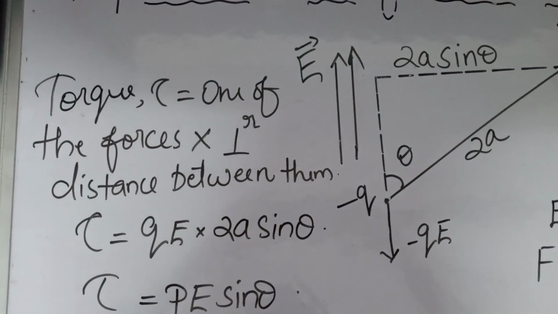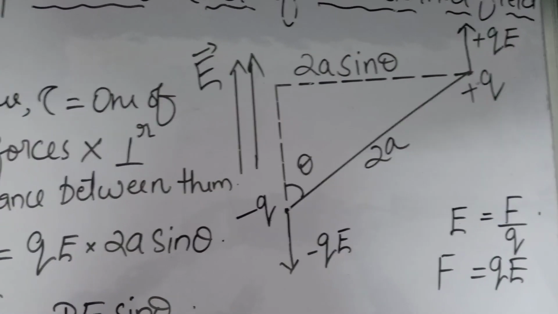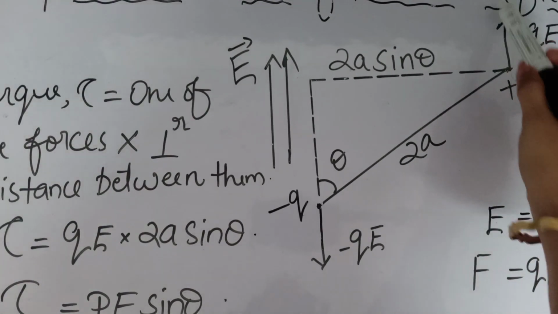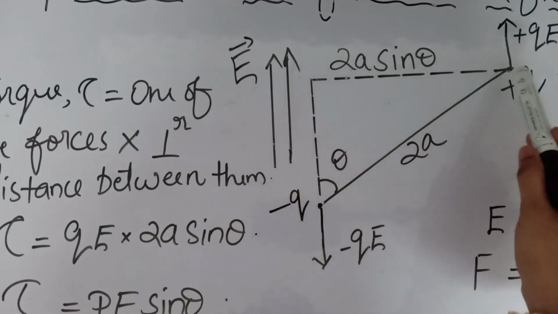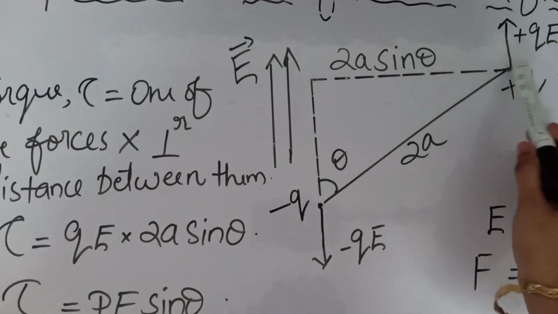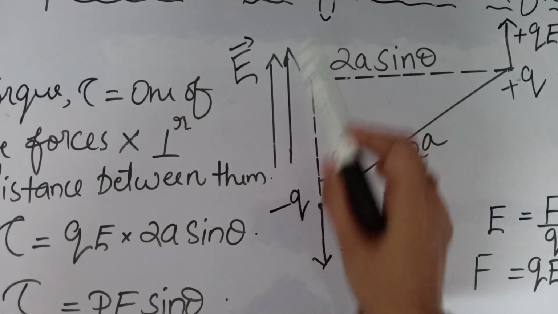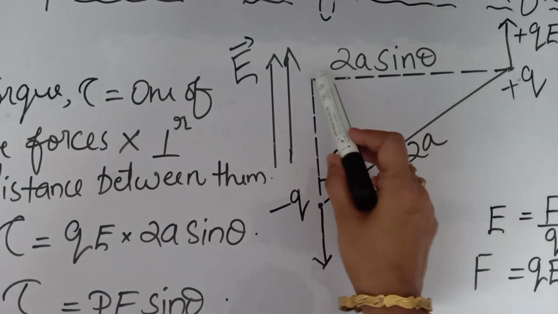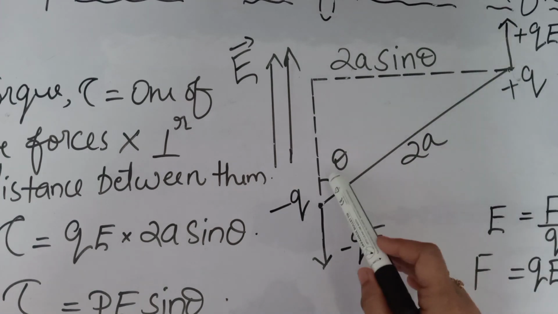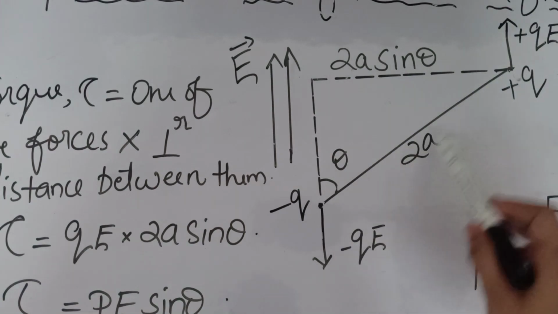Here any one force we can consider. Suppose we are taking this QE. QE is in this direction. Then we have to multiply it with the perpendicular distance. So here if it is like this, the perpendicular distance will be coming here. So this is our dipole and we are finding this perpendicular distance. Here the angle is theta. Then here 2a is the distance.